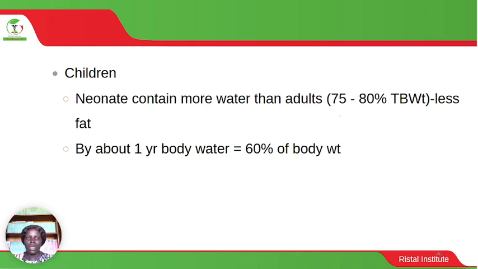By about 1 year, body water is equal to 60% of the body weight. So it goes on reducing, as you can see that at the neonatal age it is about 75 to 80%. Then as the person grows, when he reaches 1 year, it becomes 60%. So it goes on reducing.